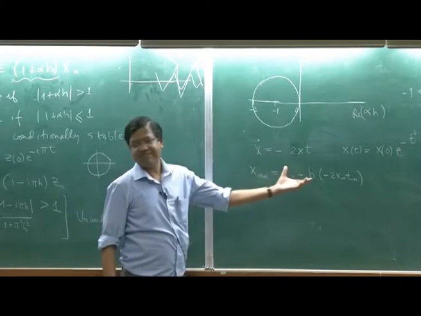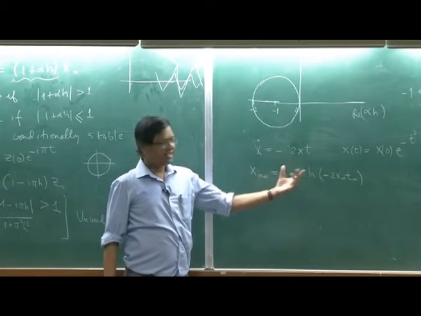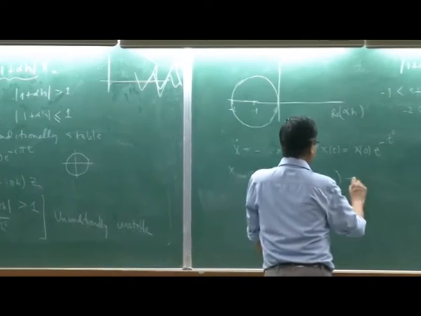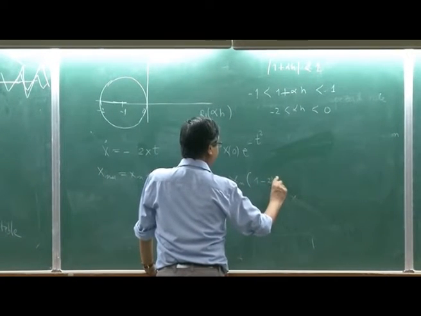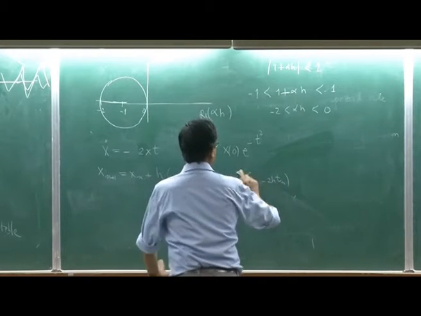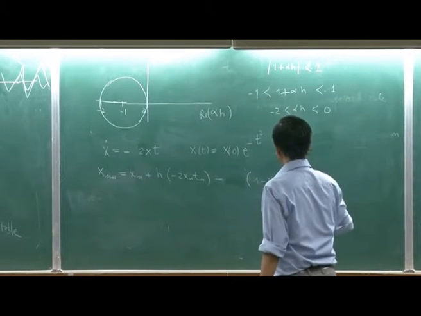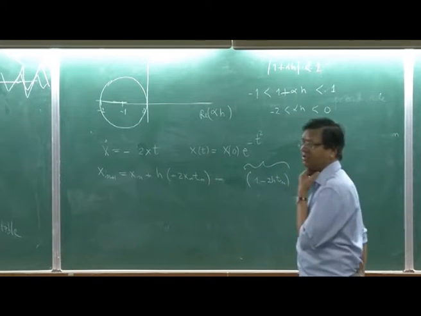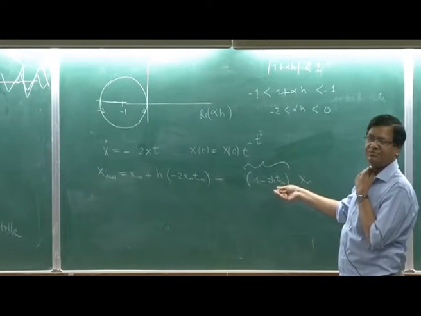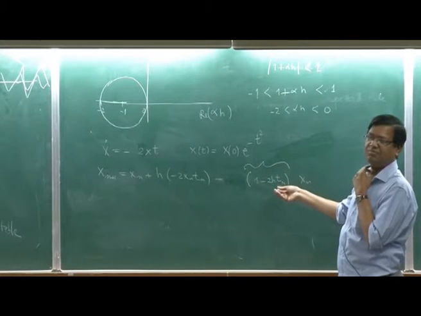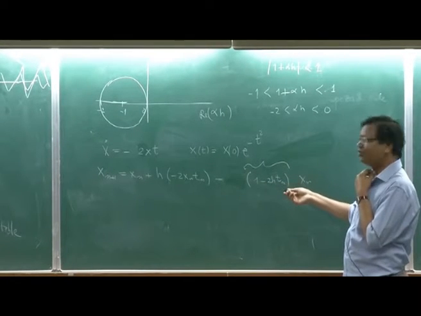So, h times f is this. So, this is going to be xn times (1 minus 2 h tn). If I write it this way, you demand that the modulus of this must be less than 1. Is it always true?